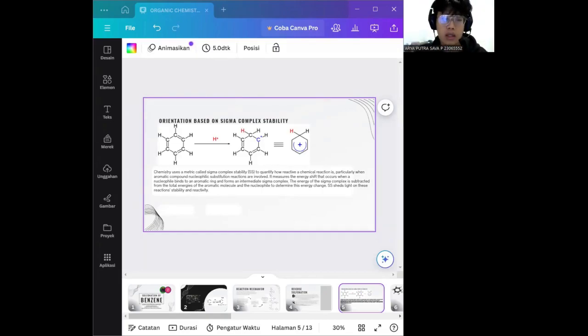The benzene ring donates a pair of electrons to form a bond with the nitronium ion, resulting in the formation of a sigma complex, which we just saw in the picture.